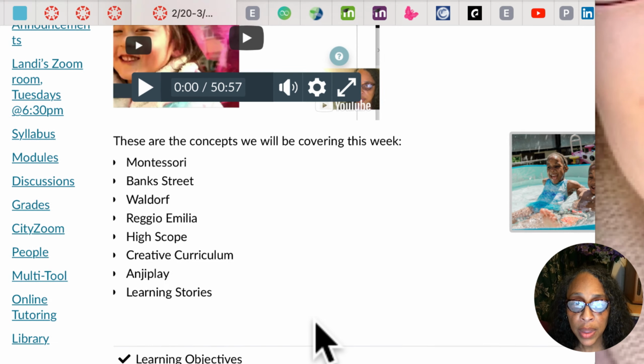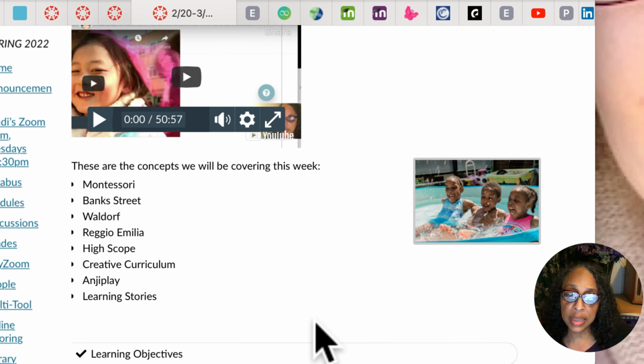The rest are there. The whole point of all this is that you learn about all these different frameworks, and then when you go to work in a center, you know what kind of framework works for your personality, and you know which schools to apply to, so you don't end up taking a job at the wrong kind of center and being miserable.